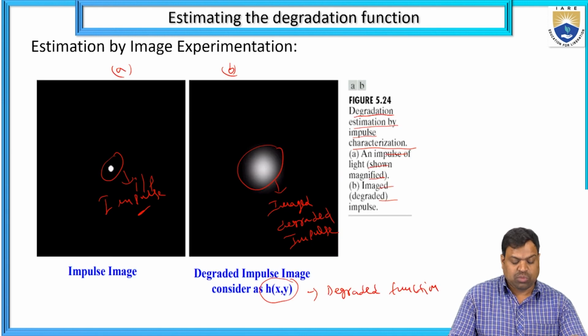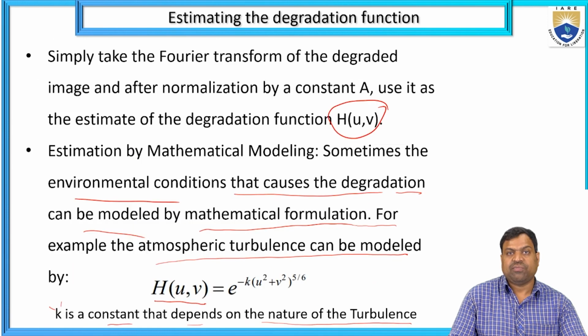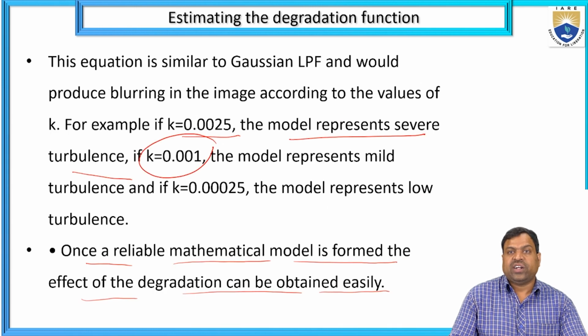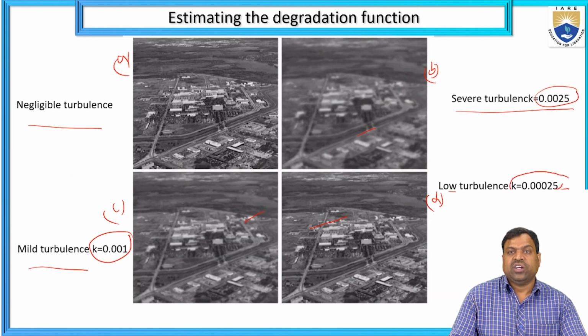So these are some examples of impulse image and degraded impulse image. Here is the Fourier transform of the function with the turbulence equation, and these are the turbulence values. So mathematically, depending on your turbulence value, the k value, the image will change. These are some examples of different turbulence values.